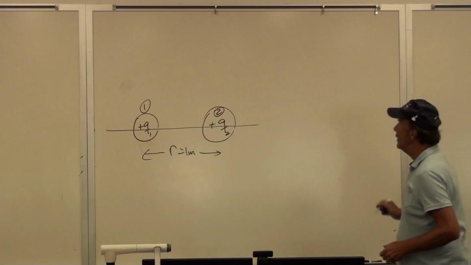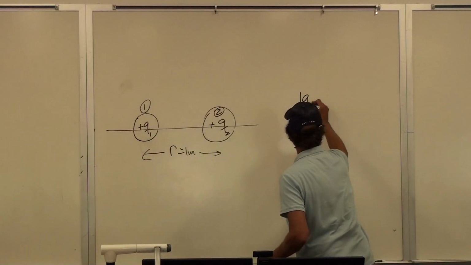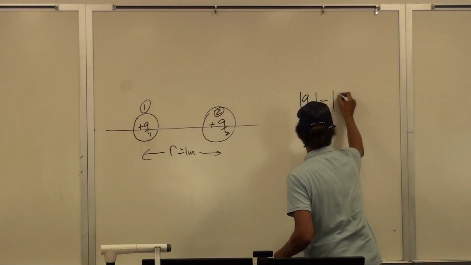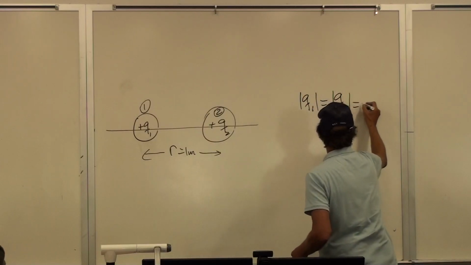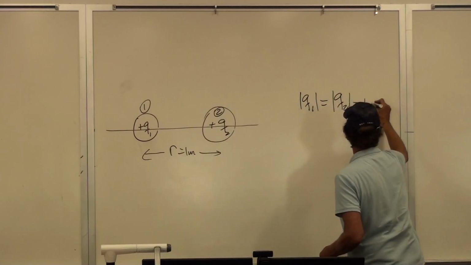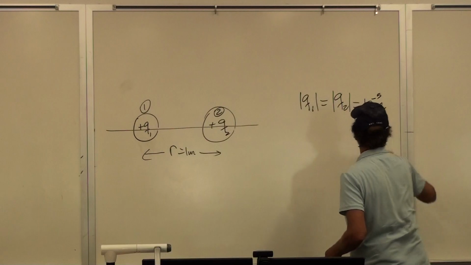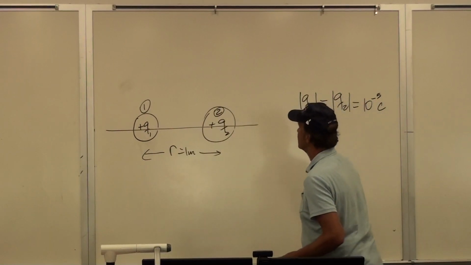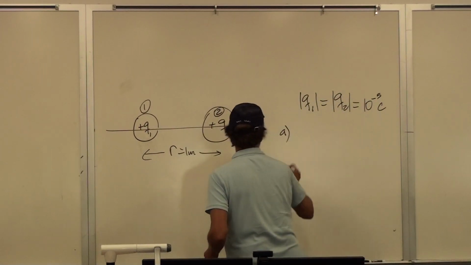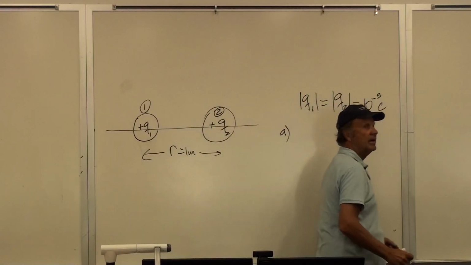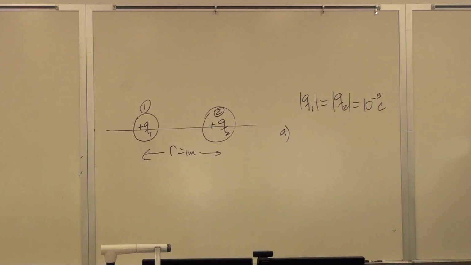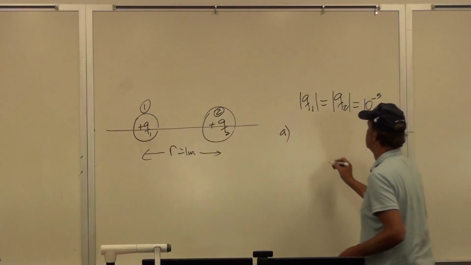For this problem, let's say that the magnitude of Q1 equals the magnitude of Q2 equals 10 to the minus 5 coulombs. So in part A, let's figure out how many electrons were removed from each of these objects.